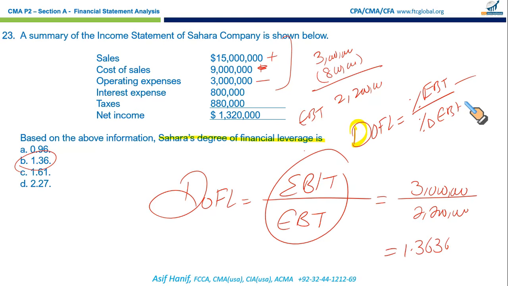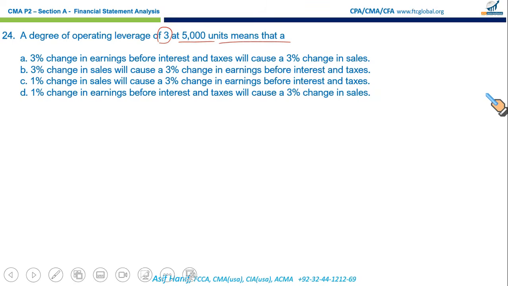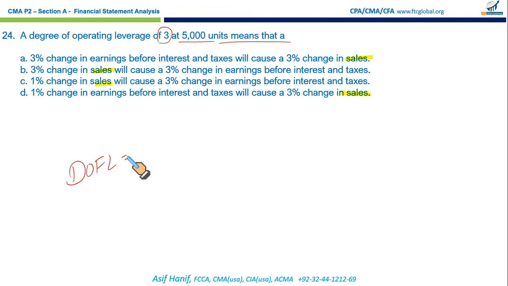Let's see, are we given the sales figure? We have been given the sales number. Look at this, sales. For sales, there is a little discussion before we can solve this question. Degree of financial leverage is normally calculated as earning before interest and tax divided by earning before tax.